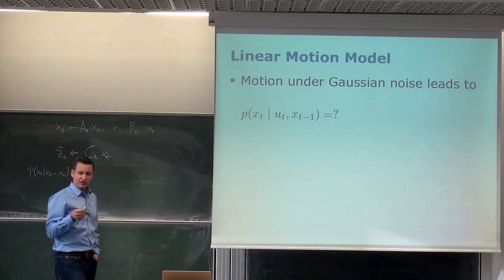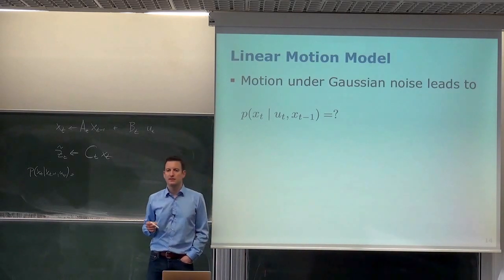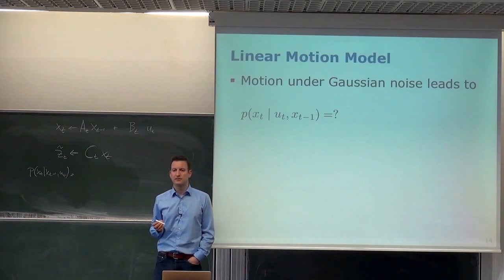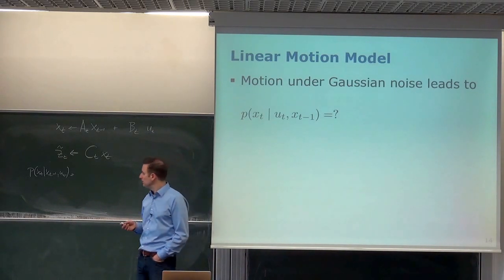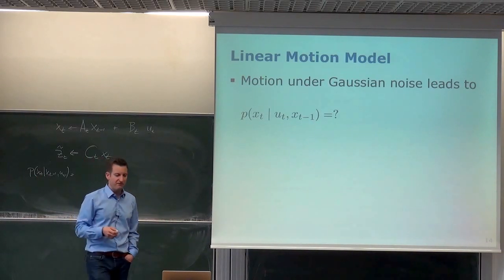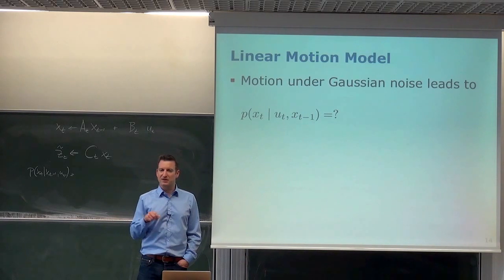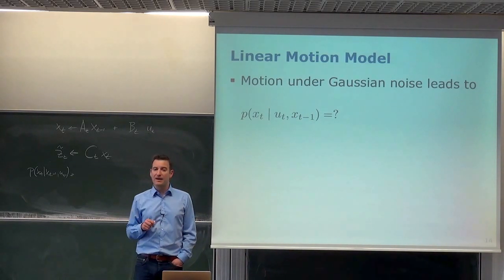We know it's a Gaussian distribution, but the question is, how does this Gaussian distribution actually look like? So this is my variable under consideration, the variable my distribution is about.